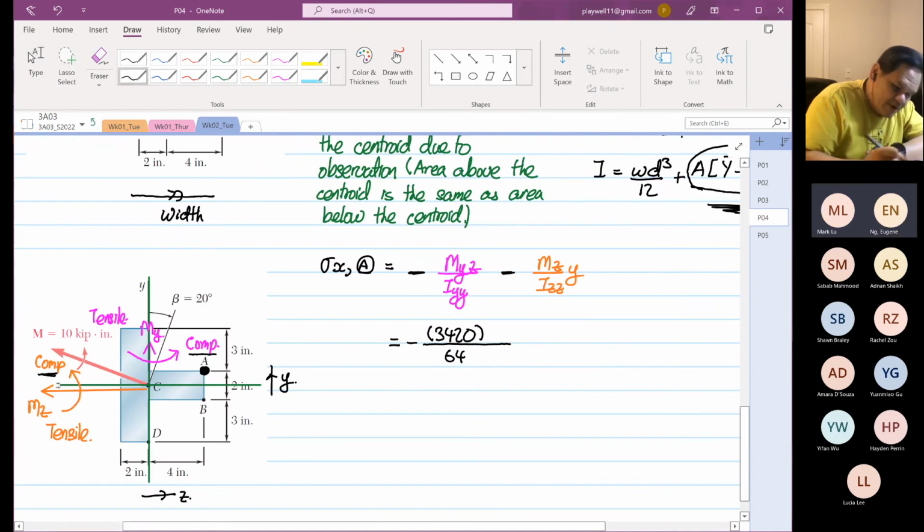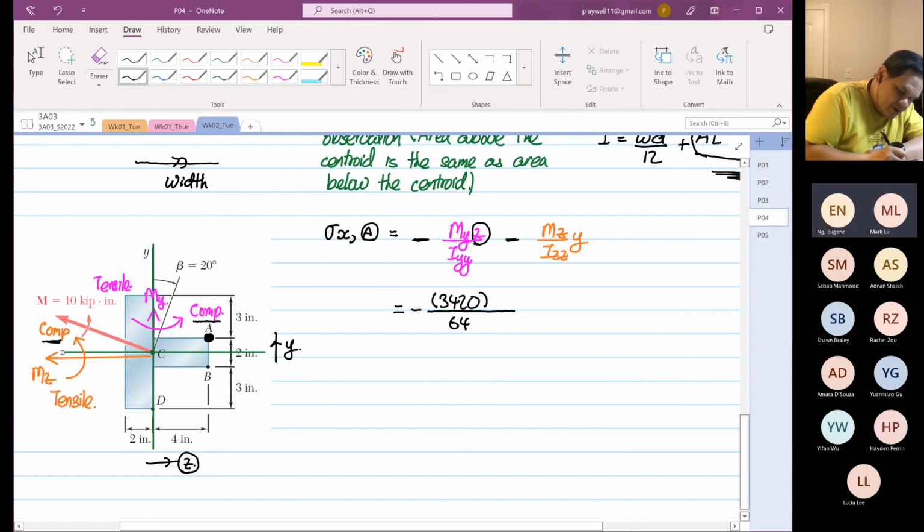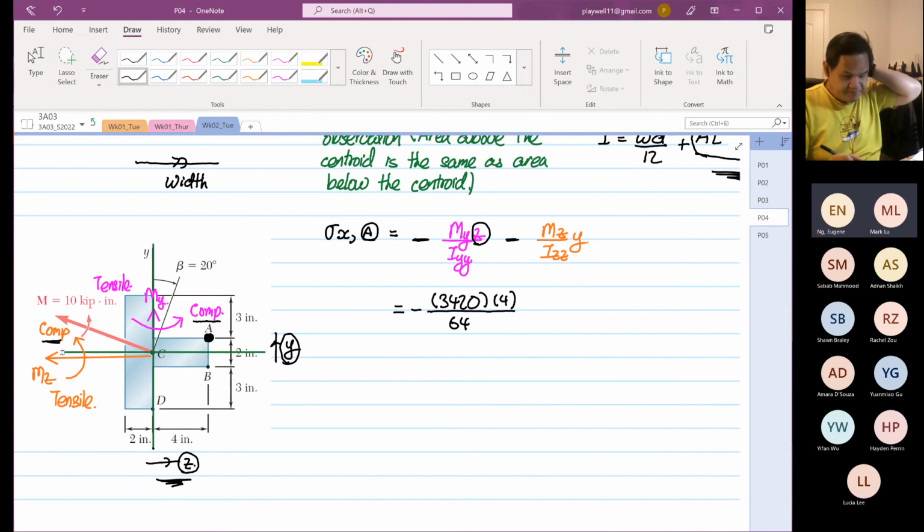Now the next part students will make mistakes, or even engineers will make mistakes, is the z. That is why I label this as z and I label this as y. So z from the centroid, the y-axis centroid, the distance is equal to 4.